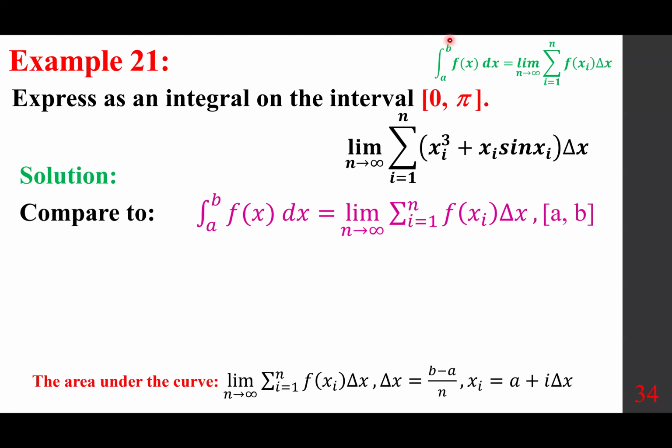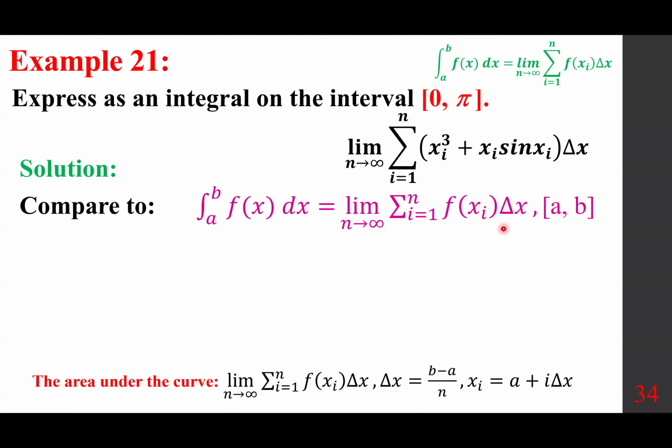So using the fact that the two are equal, this becomes f of x sub i, and delta x happens to be given as delta x.